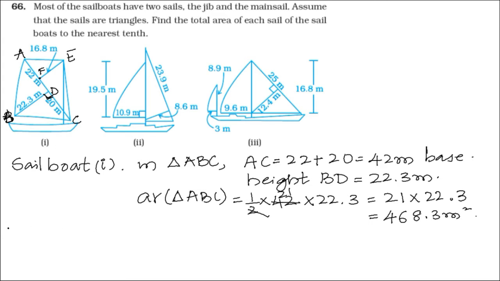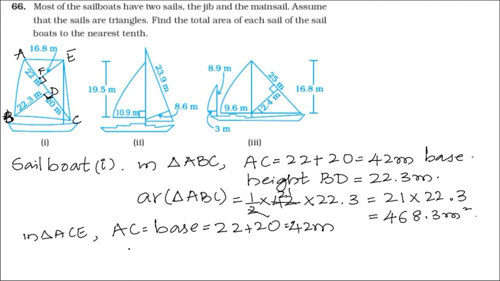There is another triangular part, that is triangle ACE. In triangle ACE, which is the base and which is the height to be considered? The height to be considered here is FE and the base to be taken as AC. So AC, which is the base, will be equal to again 22 plus 20, which is 42 meters, and the height is FE.